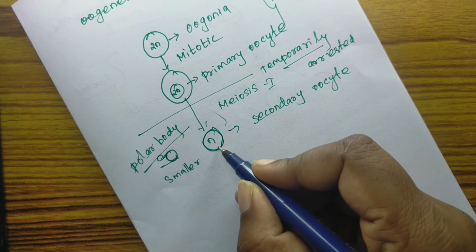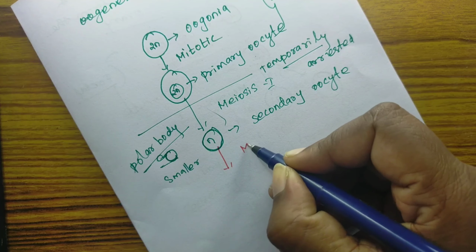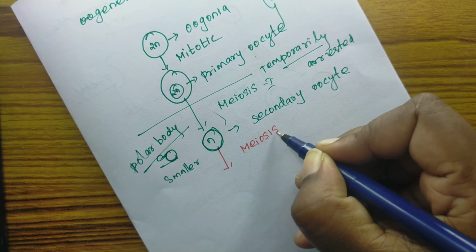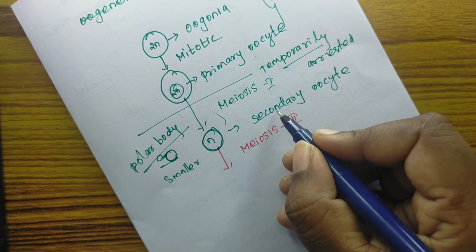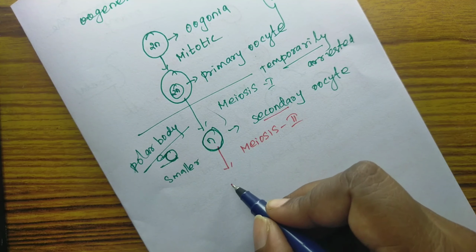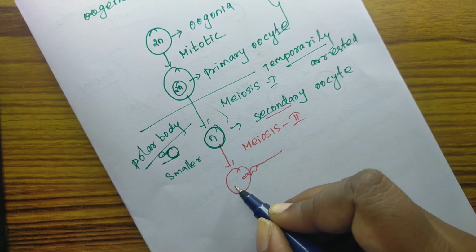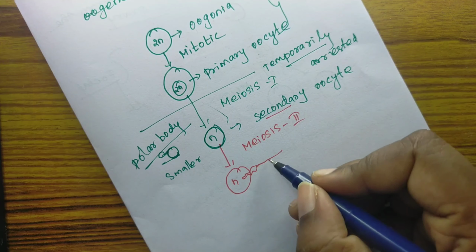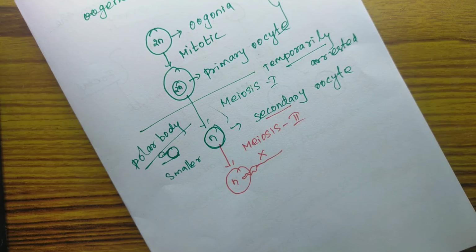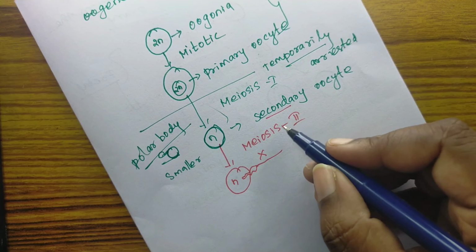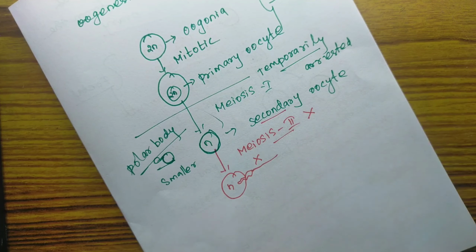This secondary oocyte completes meiosis 2 only when the sperm enters inside the secondary oocyte. If the sperm doesn't enter inside the secondary oocyte during the process of fertilization, the meiosis 2 process will not be completed.